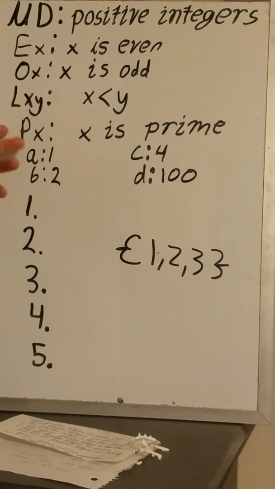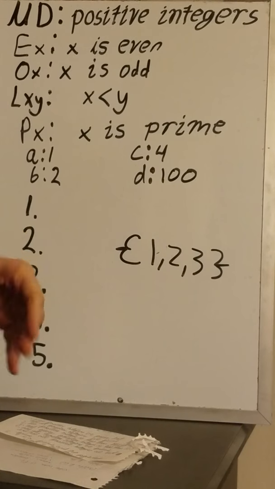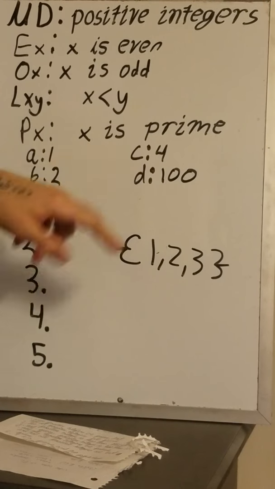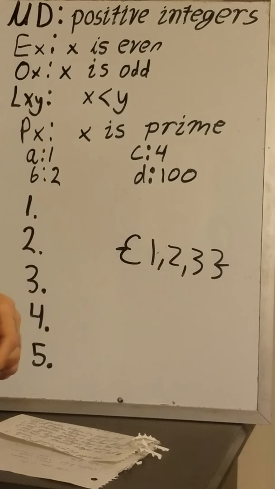And here we have PX, X is prime. And here we have the names for some of the numbers that we're going to be using for symbolization. Now, this strikes a lot of people as kind of odd. Like, why are we giving, for example, 4 this name C? Why don't we just call it 4? And the reason is we need to keep the objects separate from the names that we're giving them. You make this distinction all the time when you use natural language. For example, if I say Albert is a cat, I'm saying that this furry little animal that runs around my apartment is a cat.